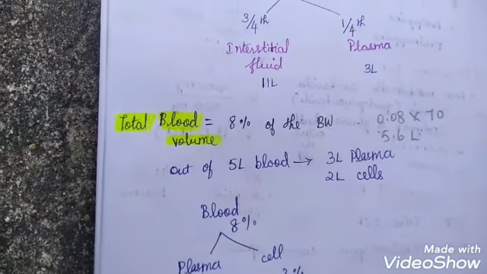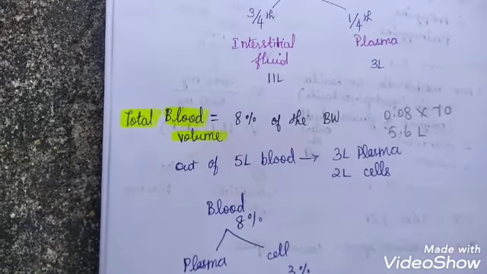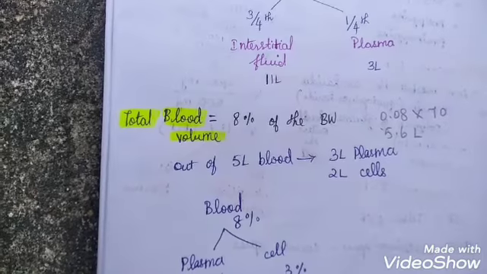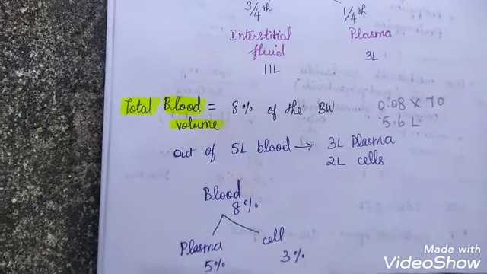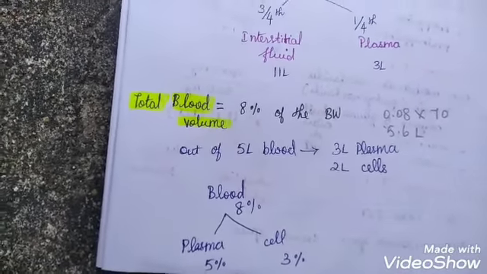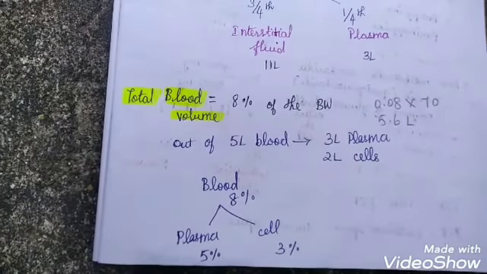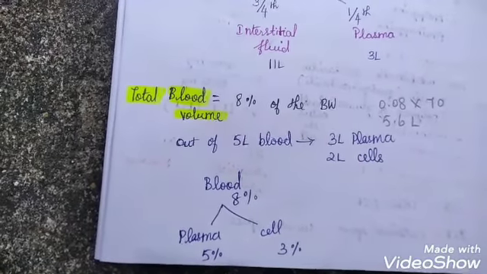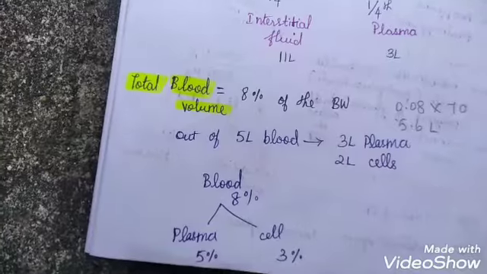Let's consider 5 liters of blood in a person. Out of 5 liters of blood, 3 liters would be plasma and 2 liters would be cells. So in 8% of the body weight, 5% would be plasma and 3% would be cells.